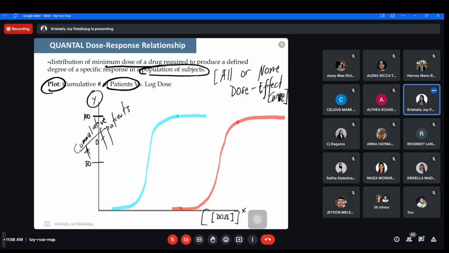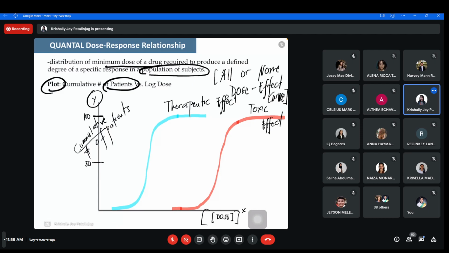May mga pasyente na, they elicit therapeutic effect. Okay? There are also those na pwedeng ang effect or outcome occurrence of the population is a toxic effect. Ayan.